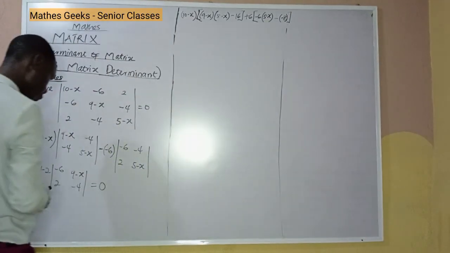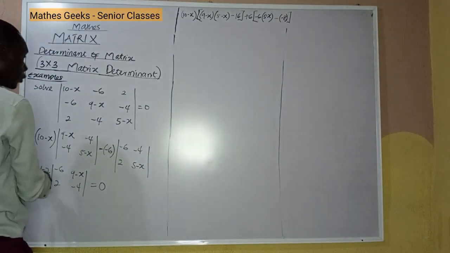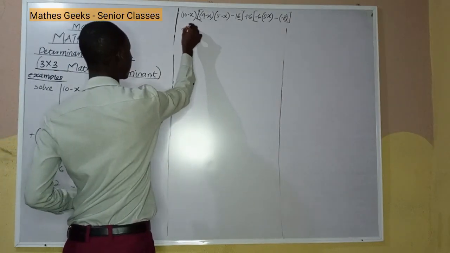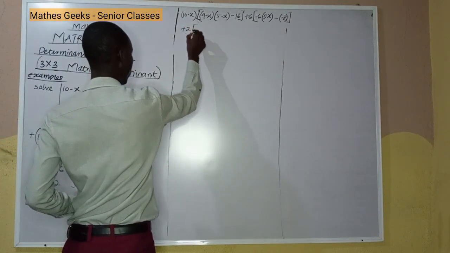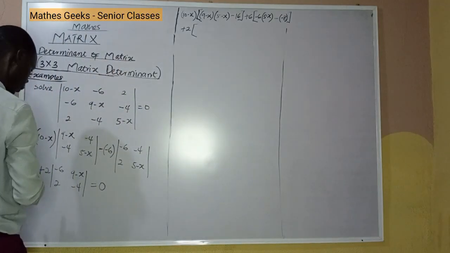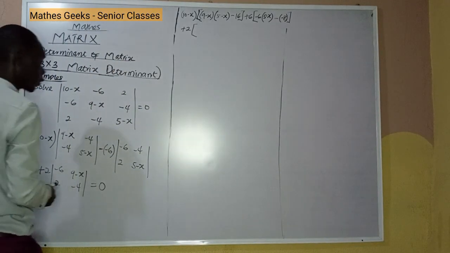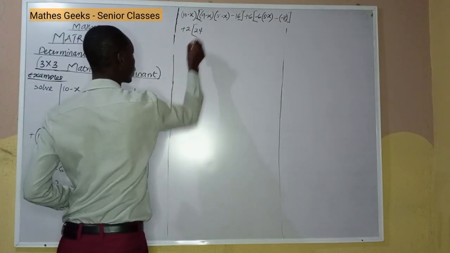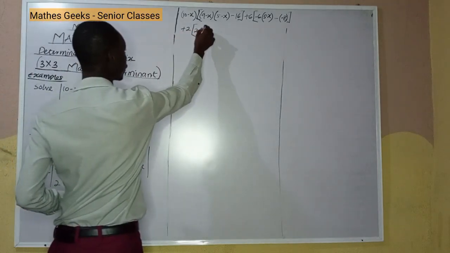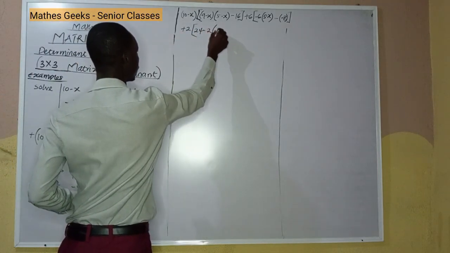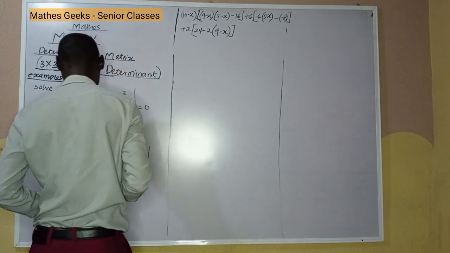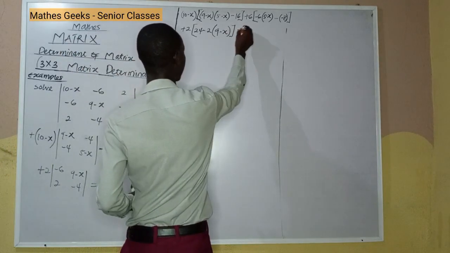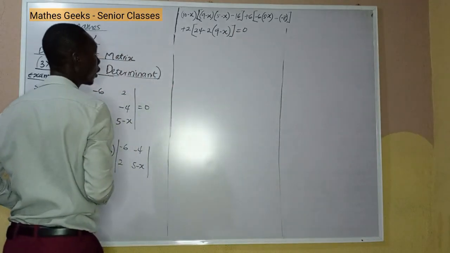Minus 8. Let's come here, plus 2, minus 6 times minus 4 gives us plus 24, minus 2 times 9 minus x, plus 0.